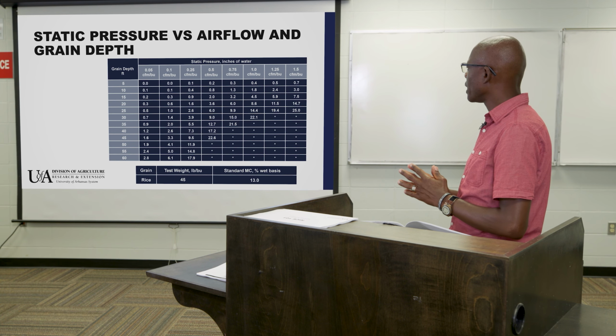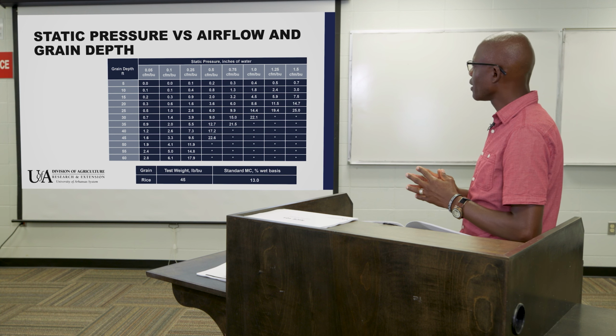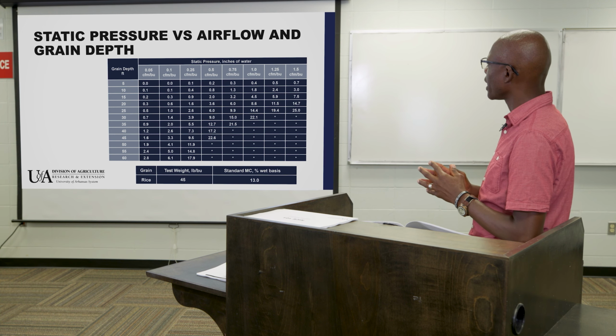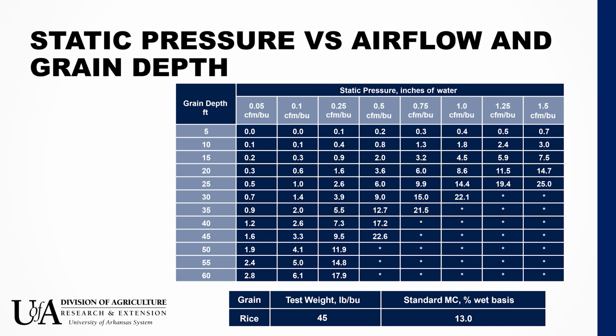Now, the static pressure that is established will depend on the grain depth, and it will also depend on the airflow within a bin system. As you can see, as you increase the grain depth at a fixed airflow, you would expect to see an increase in the static pressure.